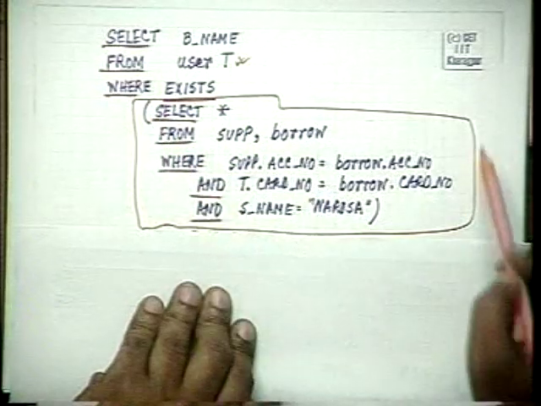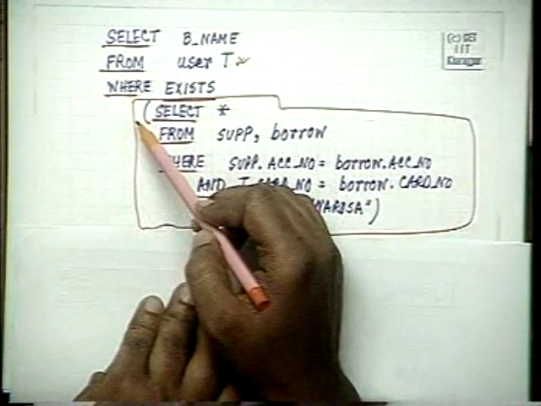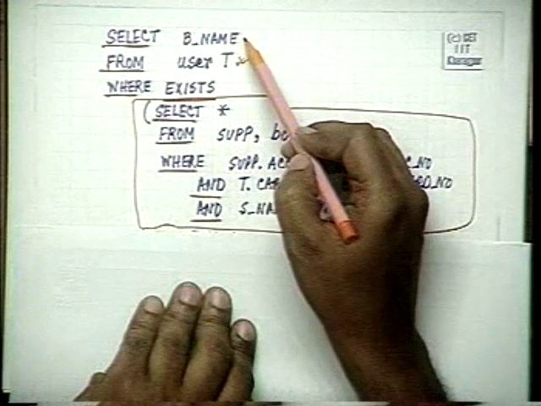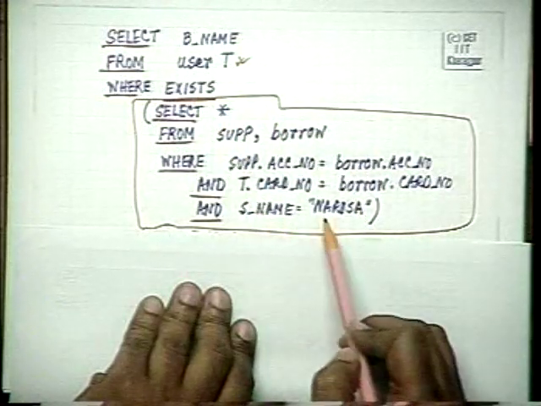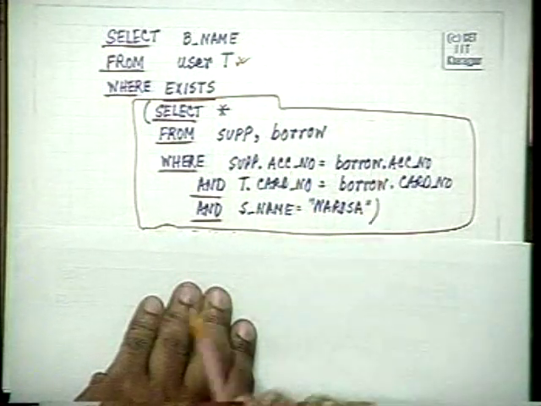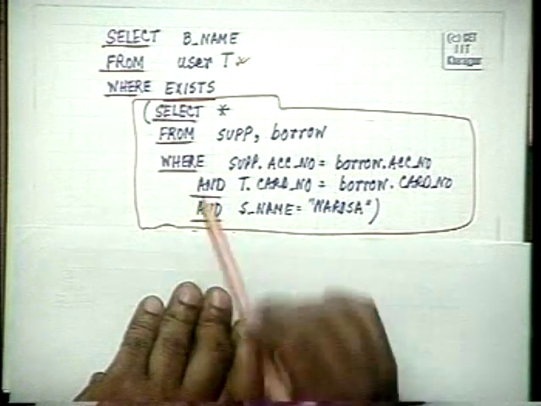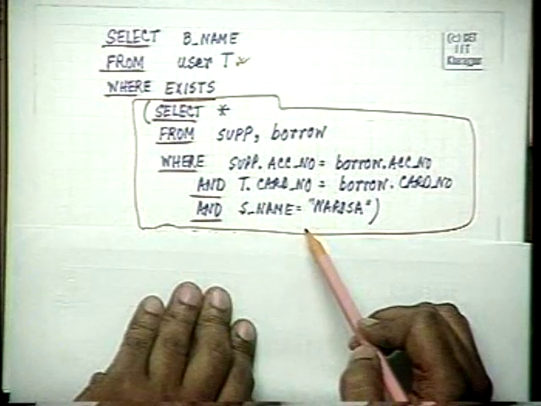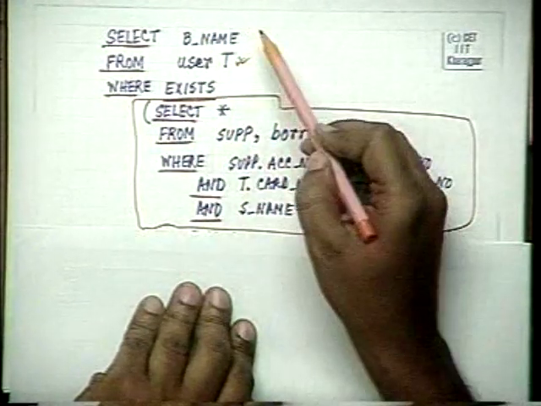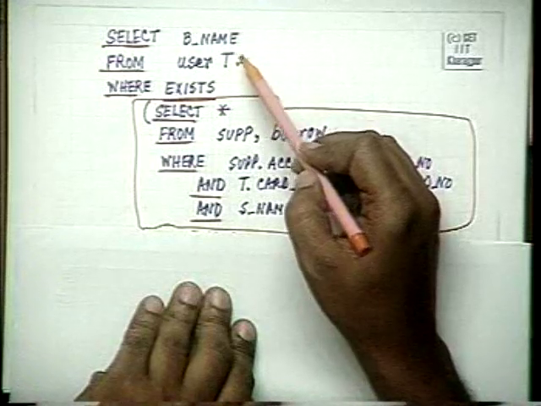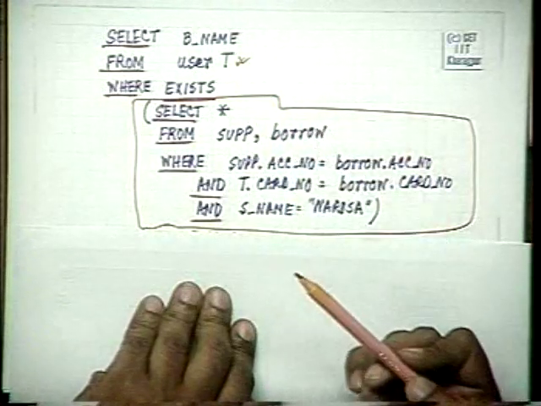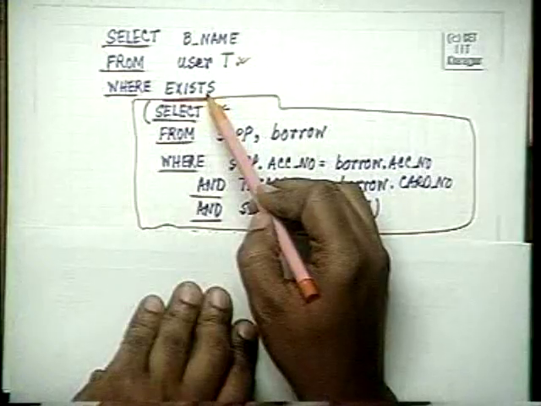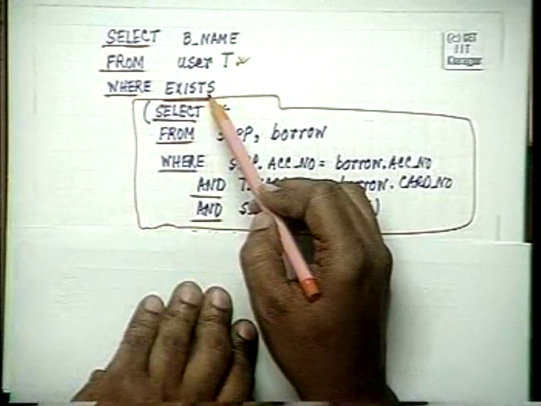So this will be non-null provided for a particular name Narosa has supplied a book issued by that person. So this query, exists means this is non-null, gives me the name of all borrowers who have issued at least one book supplied by Narosa. Other than exists, you can have not exists as well.